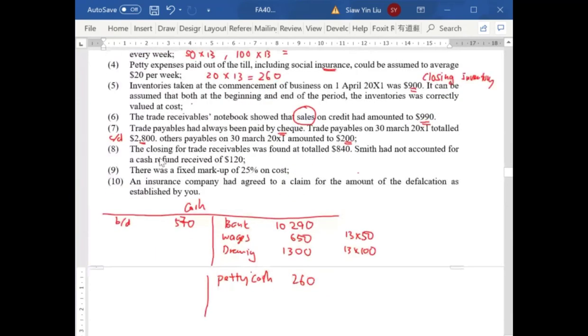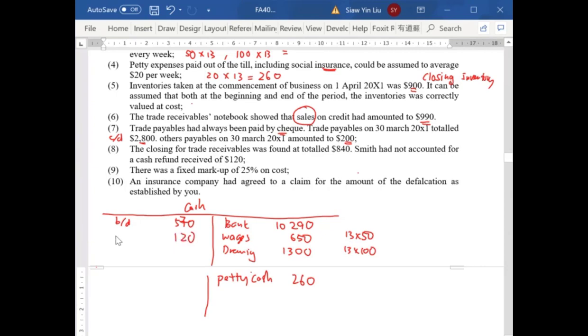So trade receivable, trade payable. So far here you got no other informations, no other informations except here, cash refund. Alright, so if you remember, cash refund received. So received from who? Cash refund received 120.